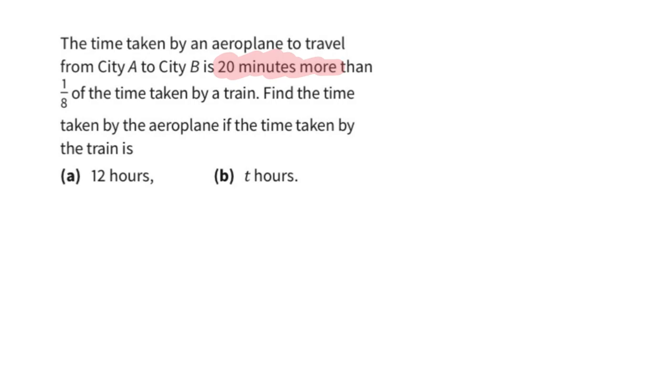So if we are given that the train takes 12 hours for part A, let's see how we are going to find the time taken by the aeroplane.